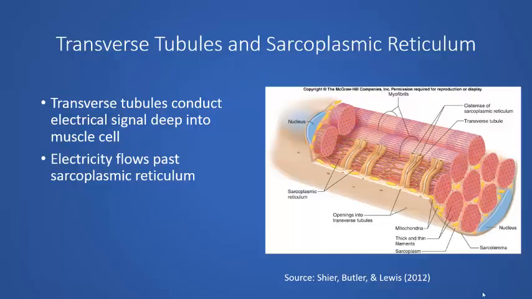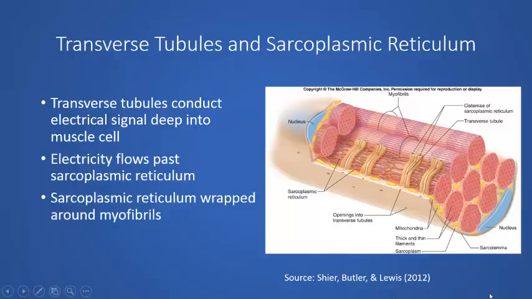In this case, this special type of endoplasmic reticulum stores calcium ions. That sarcoplasmic reticulum is wrapped around the myofibrils, so that if those calcium ions leave the sarcoplasmic reticulum, they're going to immediately enter and intermingle with the protein fibers in the myofibrils.